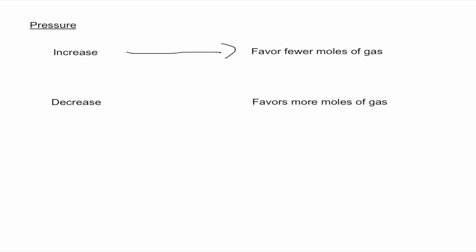So we're going to favor the side that has less gas to form more. And then if we decrease, you want to get more pressure for it to reach equilibrium, so you favor the side that has the most moles. And of course this only works with gases because it's pressure.